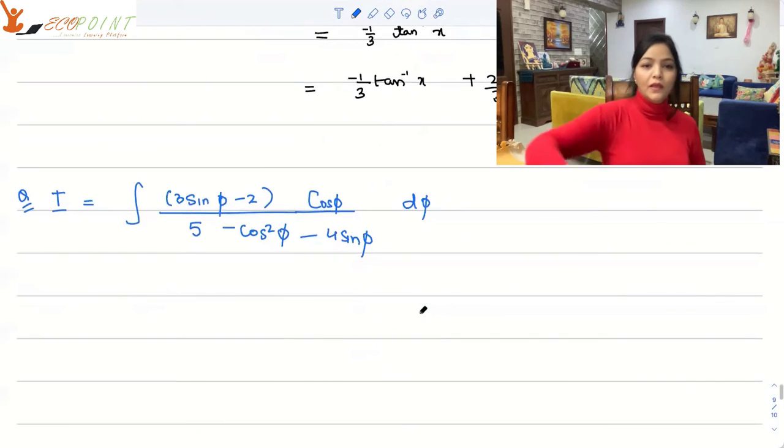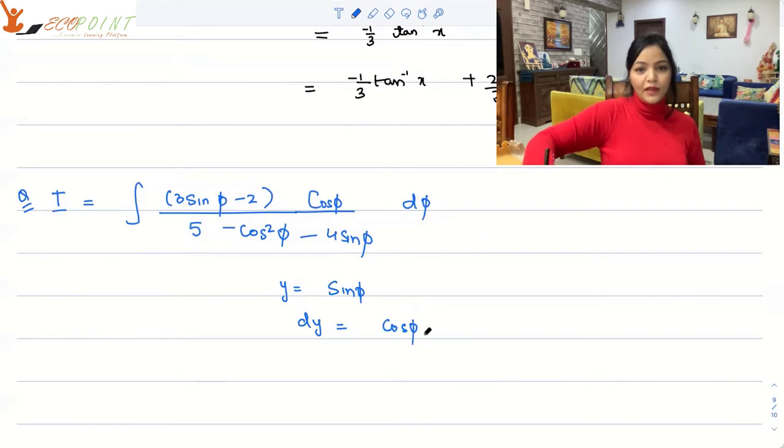Now let's do something here to simplify. Let's take y as sine phi, then dy will be equal to cos phi d phi.